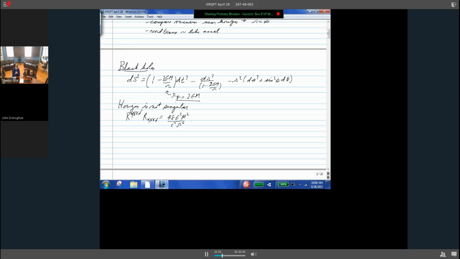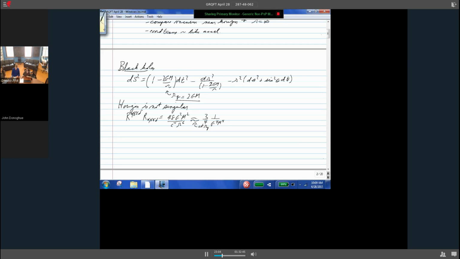But if you form the curvature, R_αβγδ R^αβγδ, that's 48 G² M² over c⁴ r⁶. So there's no singularity at the horizon, and in fact, at the horizon.